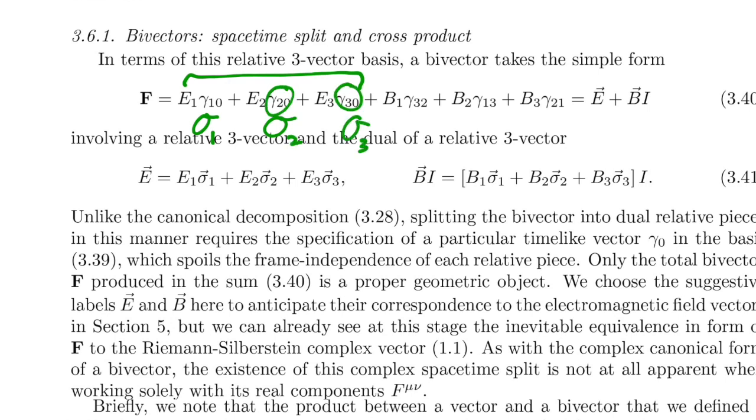This is sigma 3, this is sigma 2, and that is sigma 1. And so that counts as a relative 3-vector. So this is a general bivector, right? And the reason you can see it's a general bivector is its basis is clearly gamma 1 0, gamma 2 0, gamma 3 0, gamma 3 2, gamma 2 1, gamma 1 3. That's a full set of basis vectors. So this is a general bivector.